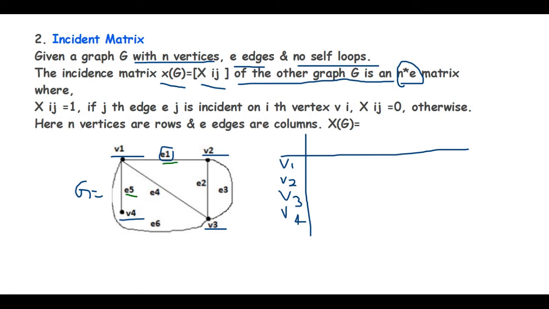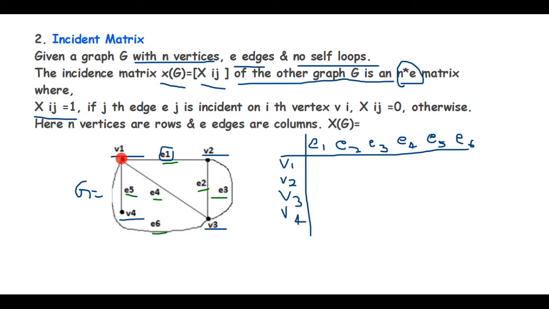This is E1, E2, E3, E4, E5, E6. Okay, we have 6 edges. So I can write it as E1, E2, E3, E4, E5 and E6, where X of ij equal to 1.